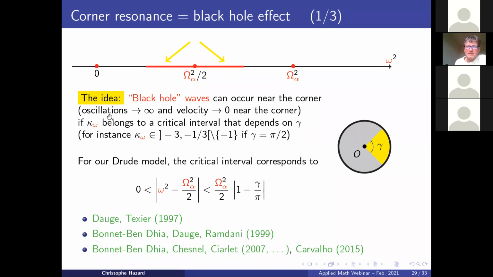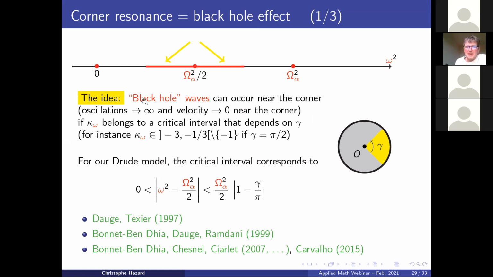These are waves which have more and more oscillating functions near the corner where the velocity tends to 0. This means that the wave goes towards the corner but never reaches it, and actually the energy of the wave accumulates near the corner.